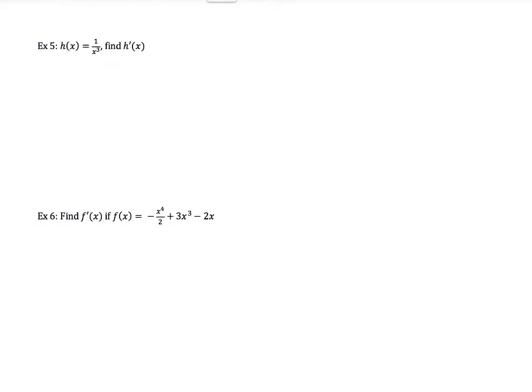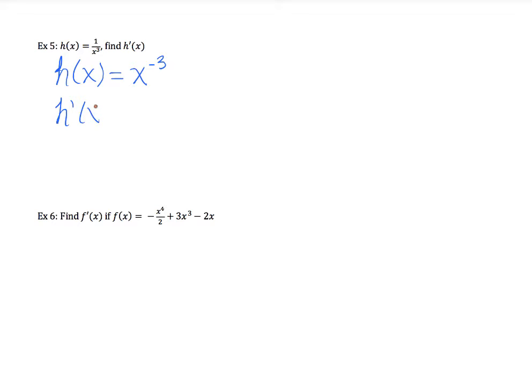Okay, next we have the function 1 over x cubed. Before we find the derivative, h prime of x, let's go ahead and rewrite h of x as x to the negative 3. Because remember, we want to be able to use power rule here, so we have to write it in the form of x to the n. So now we can take h prime of x.